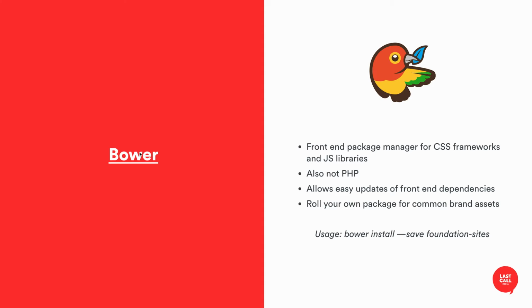One of the really nice things about doing this is that we can then update Foundation to whatever the newest point release is just by running bower update. And so we're not actually required to have like a sub-theme for the Zurb Foundation theme and update the Drupal theme in order to update our CSS framework. So it really separates the concerns very nicely.